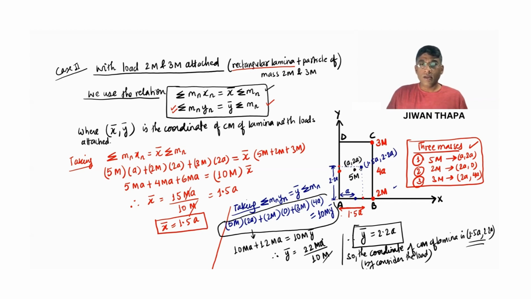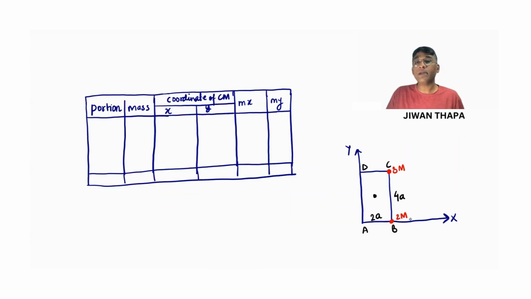Now, what we do is that we put all these data obtained in a table, or let us tabulate all the data obtained. Load twice m and 3m attached to the rectangular lamina ABCD.